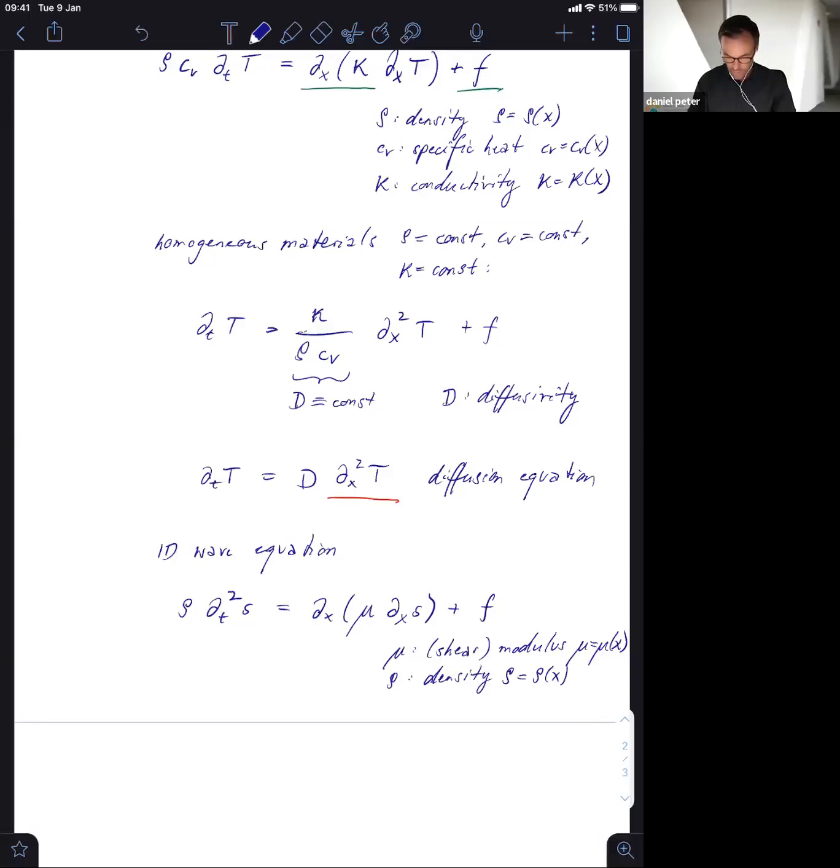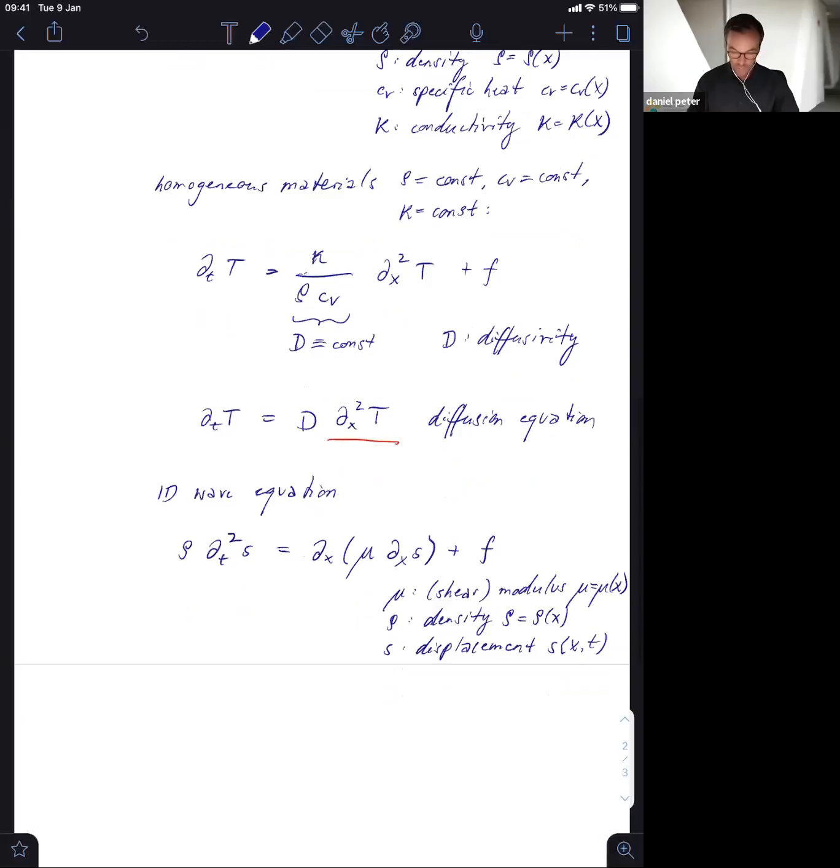And then displacement S. Good. And obviously, you can simplify it as well for a homogeneous material.